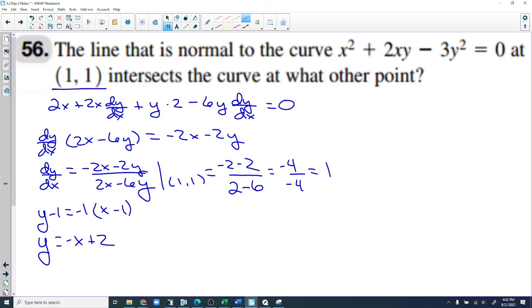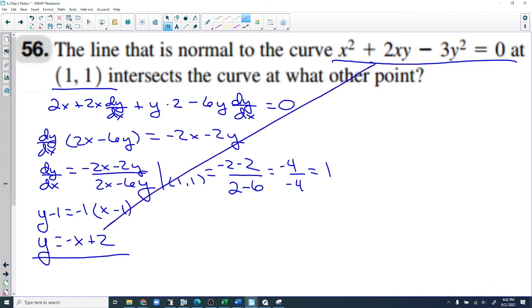And we're looking for where this curve and this line intersect each other. We're going to use substitution to do that. So we're going to put this in for the y's up here. We got x squared plus 2x times (negative x plus 2) minus 3 times (negative x plus 2) squared is equal to 0.